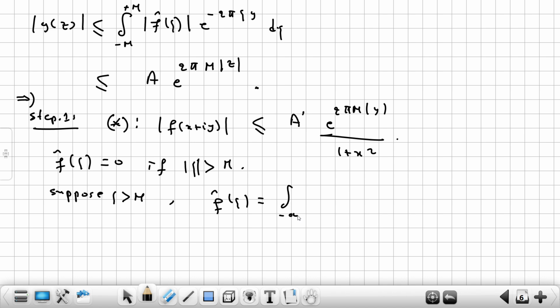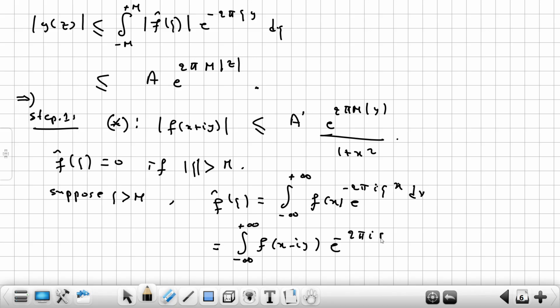Equal to the integral from minus infinity to plus infinity of f(x) e^(-2πiξx) dx, equals to the integral from minus infinity to plus infinity of f(x - iy) e^(-2πiξ(x - iy)) dx. Now, so we shifted R downward by y positive.